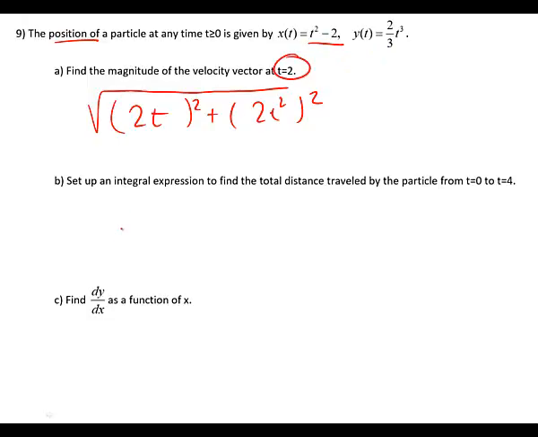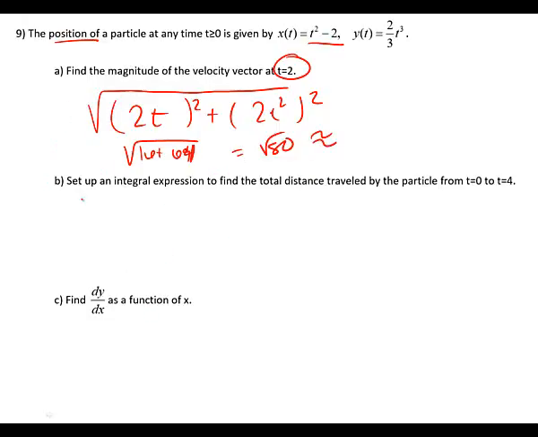How do I get the at t equals 2 part? Plug in a 2. So let's see, 16 plus 69 is what I got. So the 4 squared and what? 8 squared? Oh, sorry, not 69, 64. Can't read my own handwriting. So I got the square root of 80, which is, I don't know what in decimal.